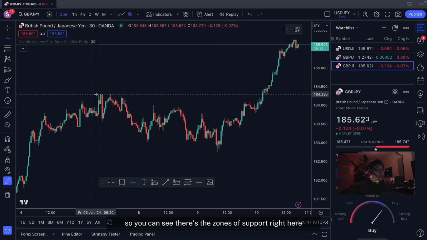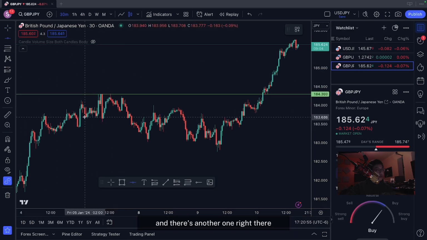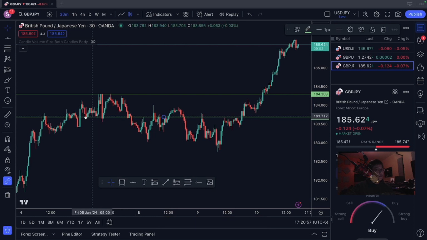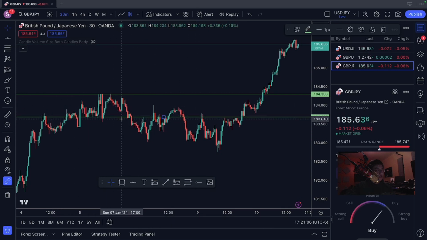So you can see there's the zones of support right here. It's bouncing back up and down in the zone. And there's another one right there where you see multiple lines going back and forth. So those are your zones.